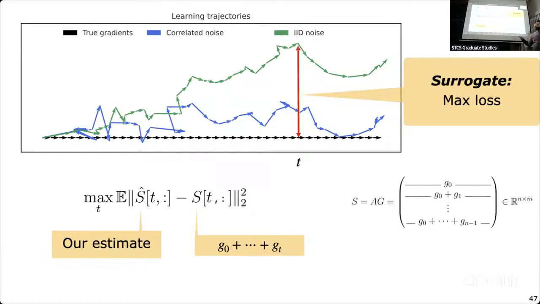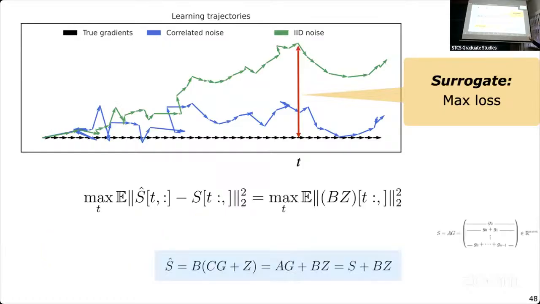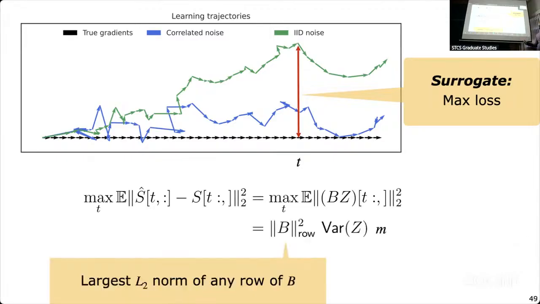We can simplify this expression. As I mentioned, it's an unbiased estimator of the true prefix sums, so the difference between them is some noise term with this matrix B. It turns out it depends on the largest L2 norm of any row of B, which I'm calling the row norm.